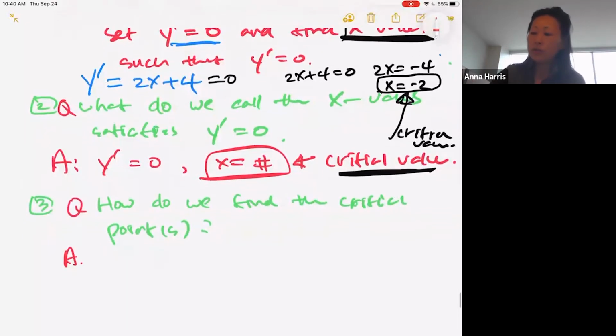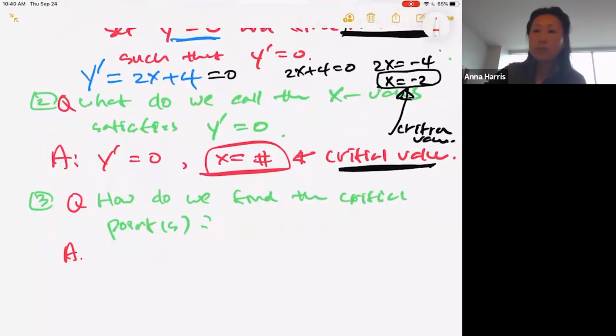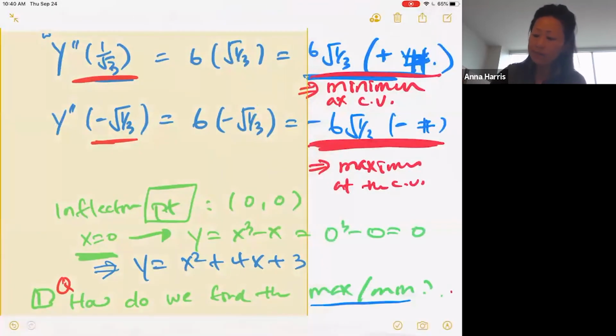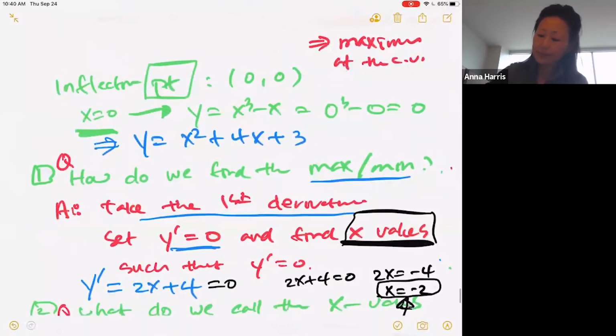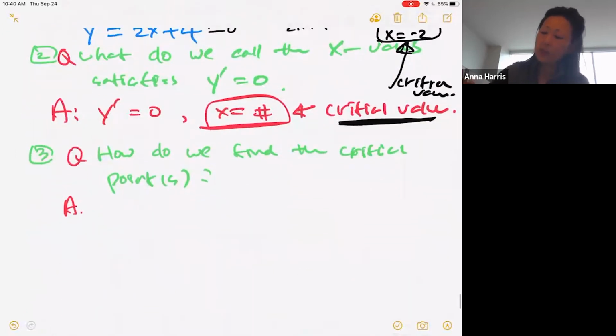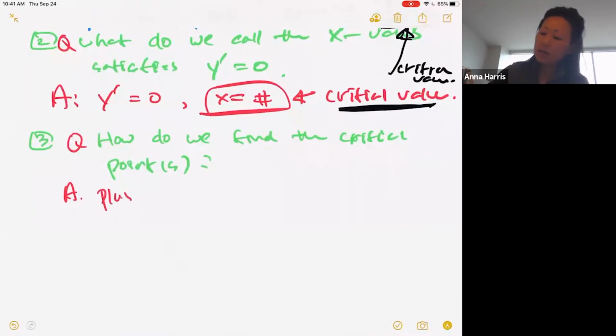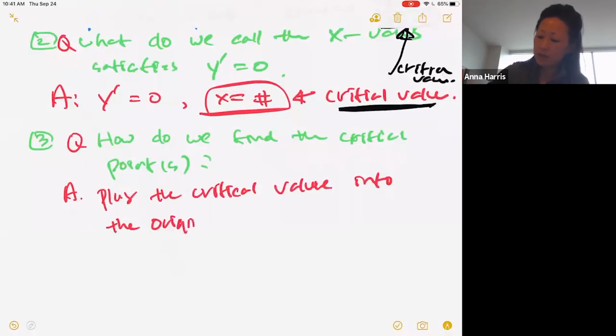You plug back, what do you do? You're going to plug the critical value into where? Into the original function, or you can call it y.